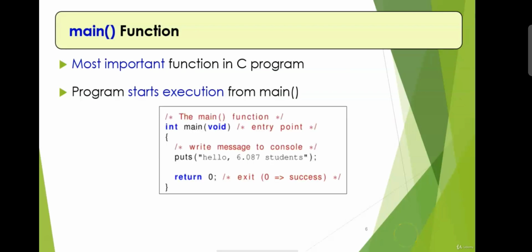This is an example of the main function. Note that in this example, the main function has a return type of integer. This function is not accepting any argument. There is some code inside the main function, and since the return type of the function is an integer, this function has a return value of 0.